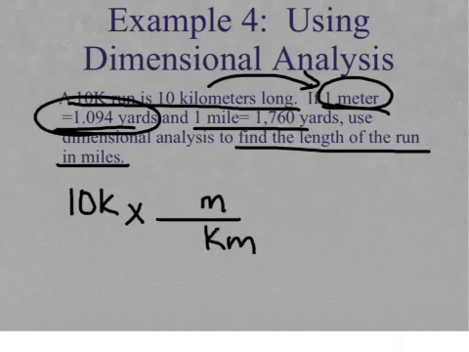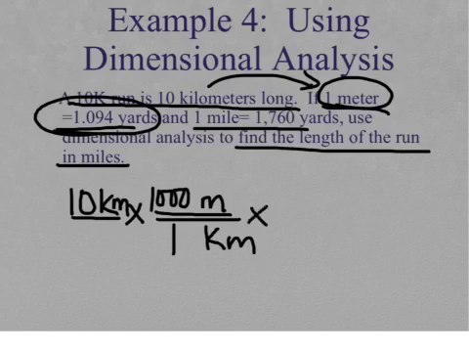How many meters are in a kilometer? I think most of you know that that's 1,000 to 1. So when I change, and I'm going to put km here as well to be consistent, when I change from these 10 kilometers to meters, I'm going to have to multiply 10 by 1,000. And then at the end of this part of the problem, I'm going to get 10,000 meters.